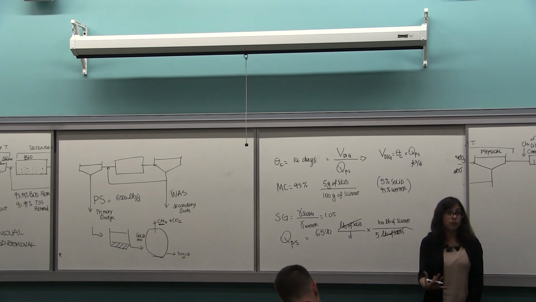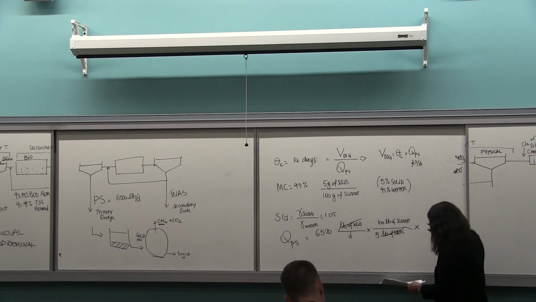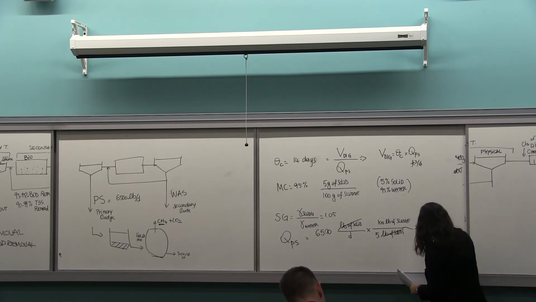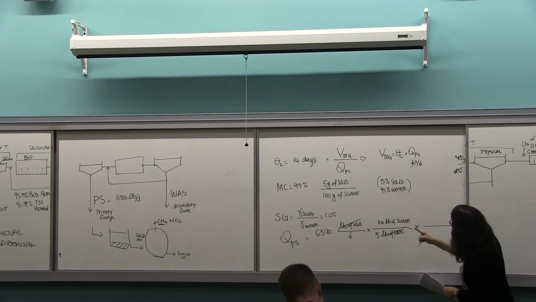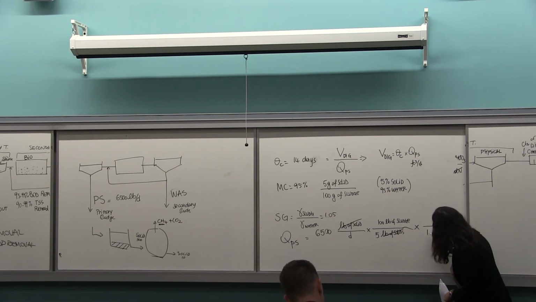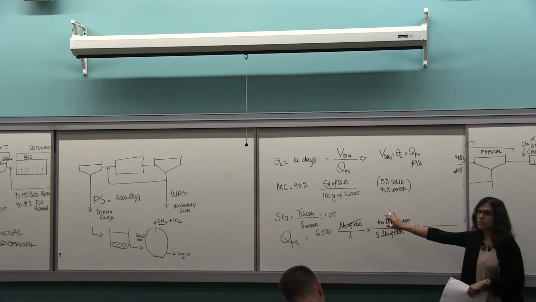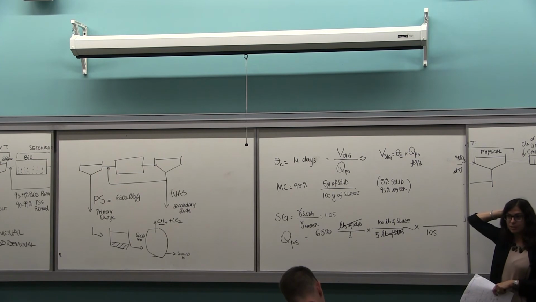How do I go to the cubic feet? I need to use the specific weight, right? We need to find that. It's 1.05 times the specific weight of water, that is 62.4.